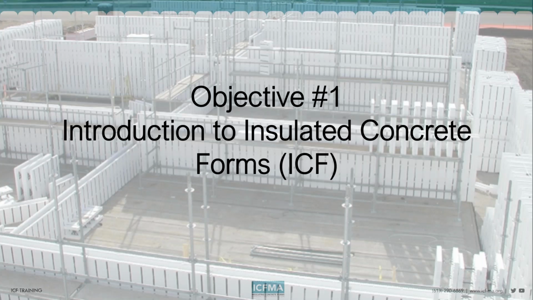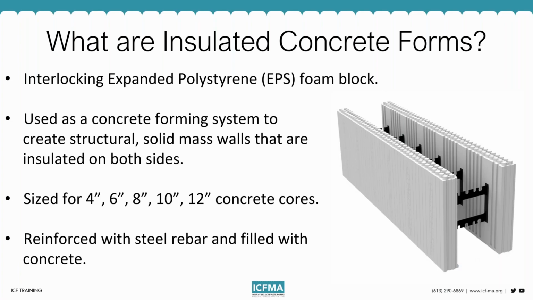So to get started here, let's jump into objective number one. What are insulated concrete forms? So insulated concrete forms, and I'll use the term ICF interchangeably here. These are interlocking expanded polystyrene foam blocks. So basically, I like to think of them as Legos for adults.